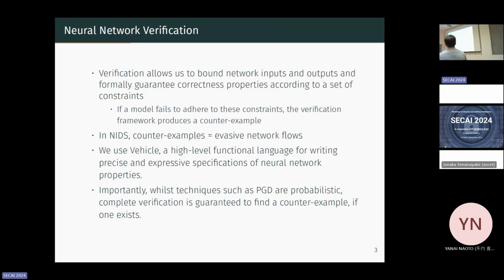Importantly, if you use a statistical adversarial example generation technique like PGD, you aren't actually guaranteed to find a counterexample or an adversarial example if it exists. It's a statistical approach, whereas Vehicle is based on complete verification, so if there's an existing adversarial example, it'll find it.